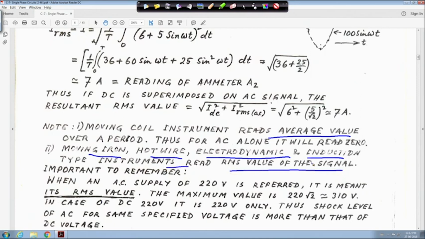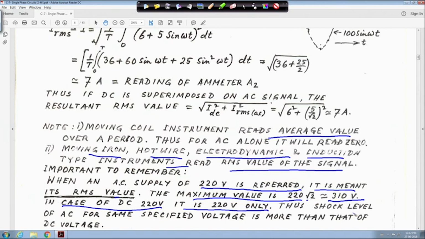One thing is important to remember: when an AC supply of 220 volt is referred to, it means the RMS value. The maximum value is 220 into root 2, so it is about 310 volt. In case of DC 220 volt, it is 220 volt only. If it is AC 220, it is the RMS value, and you have to multiply by root 2 to get 310 volt.